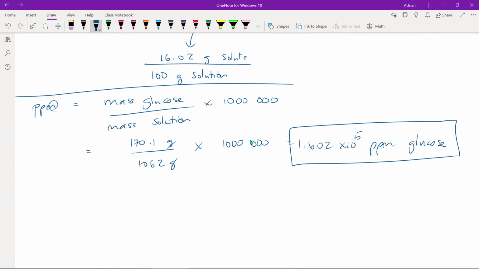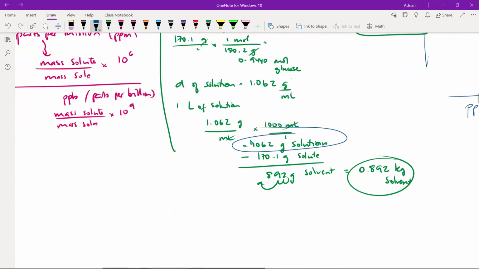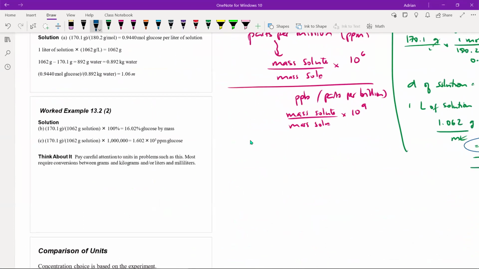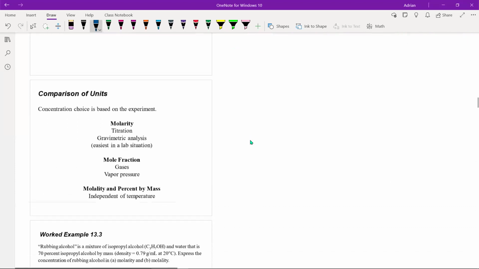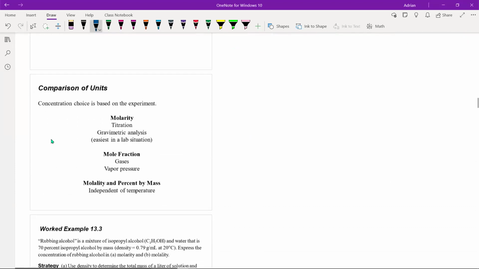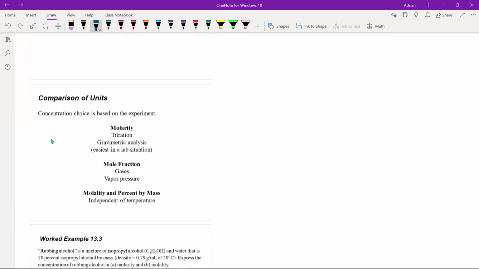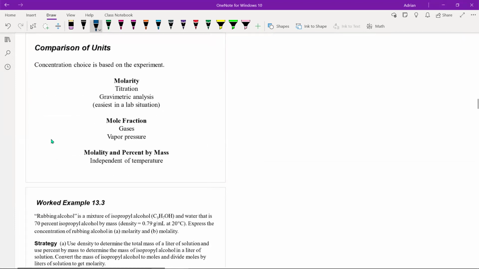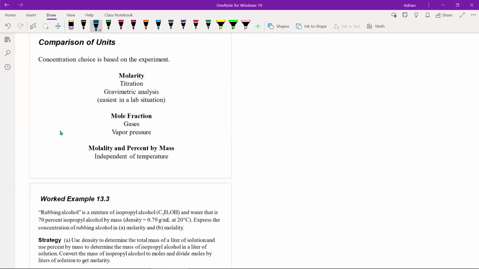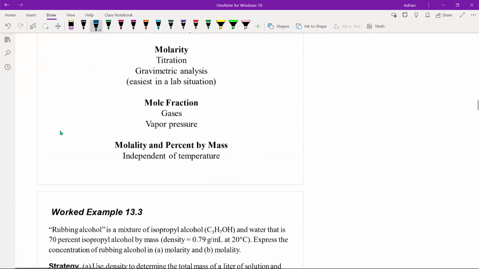So a couple of things to note here. We've seen some new concentration units. When do you use one concentration unit versus another one? Well, it kind of depends on what it is that you're trying to do. For example, we've done lots of titrations, or we've at least done one titration. We've looked at other examples of titrations.